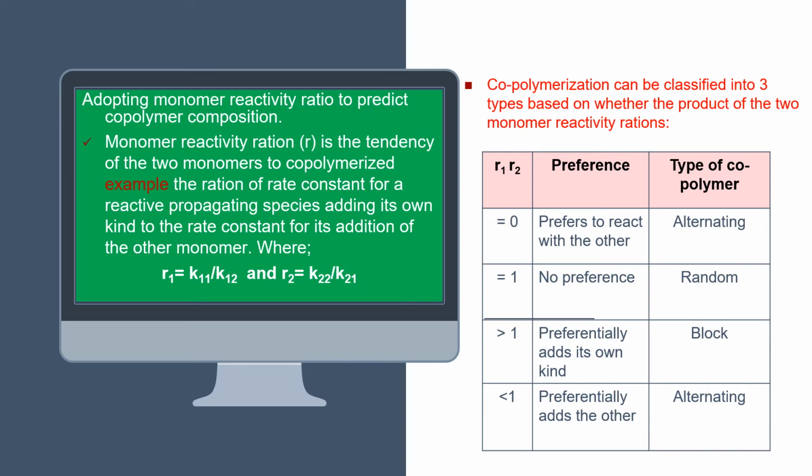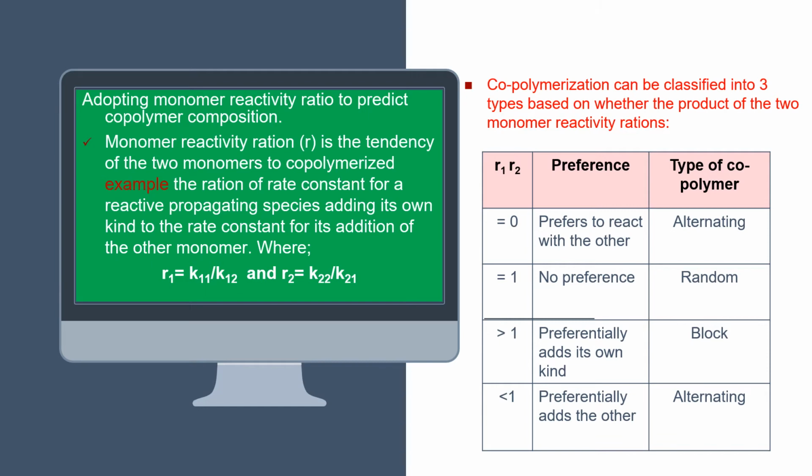In this table, if the value is equal to 0, each monomer prefers to react with the other, so the type of copolymer produced is an alternating copolymer.